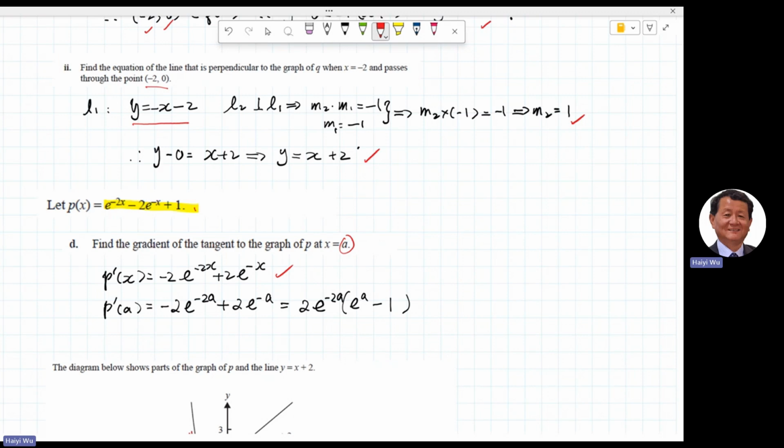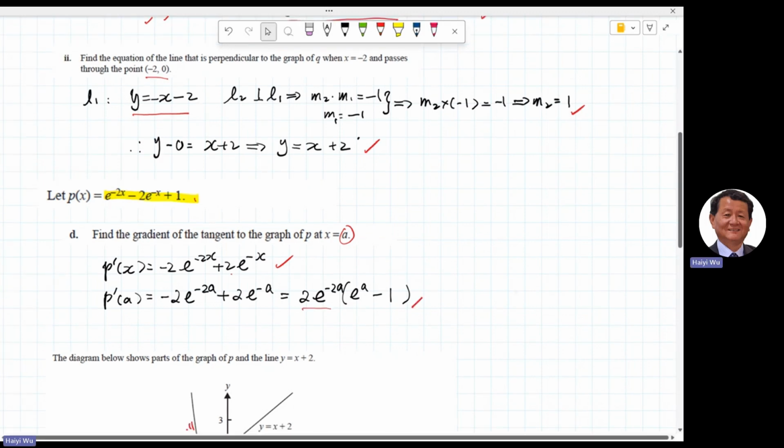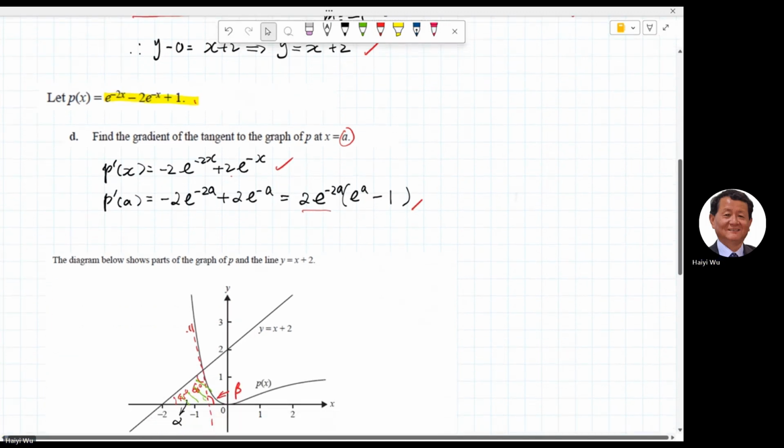We have the derivative p'(x), which is negative 2 e to the power of negative x, and don't forget the times by 2. Then substitute a into p'(x), and take the common factor out. That's the answer for part d.